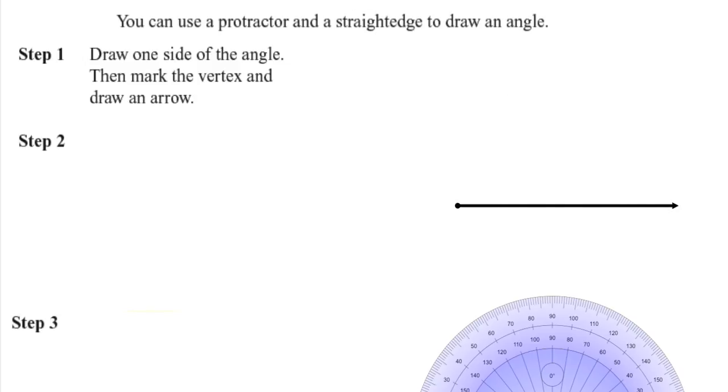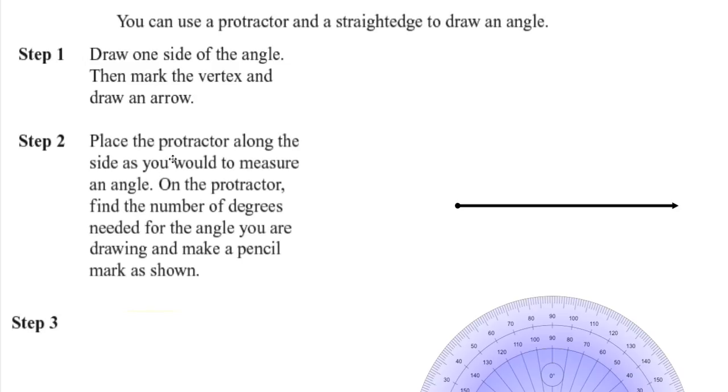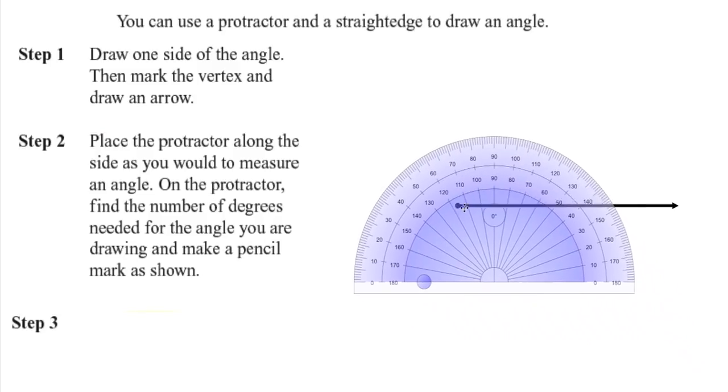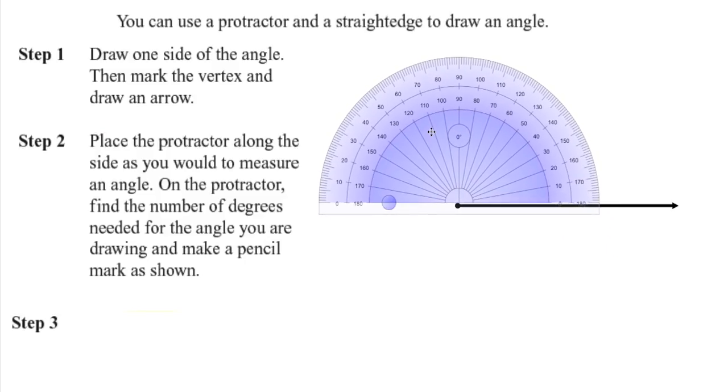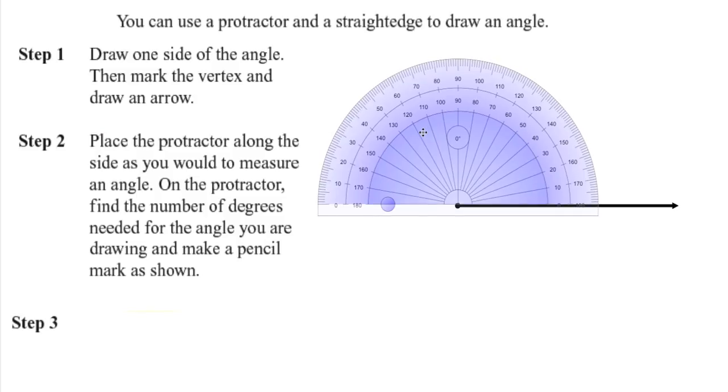Let's take a look at how to do step number two. Step number two is to place the protractor along the side as you would measure an angle. So we get a protractor and place it on the vertex just like when we are measuring an angle. If you notice, that side lies on one side of our protractor.